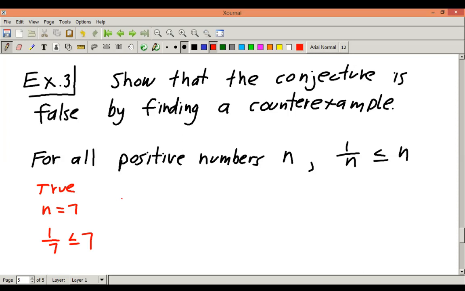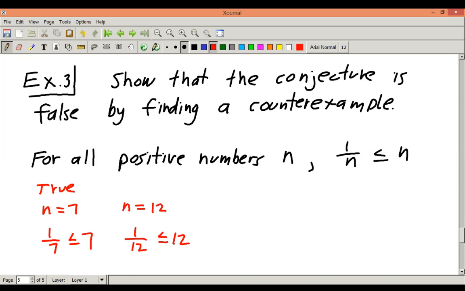Let's choose another one. n is 12. So put 12 in for n. So 1 over 12 is less than or equal to 12. Yep, true again. And again, 2 examples don't mean that the conjecture is true. And to find one number for n that makes that statement false, that's our counterexample. And so our conjecture in that case would be false.